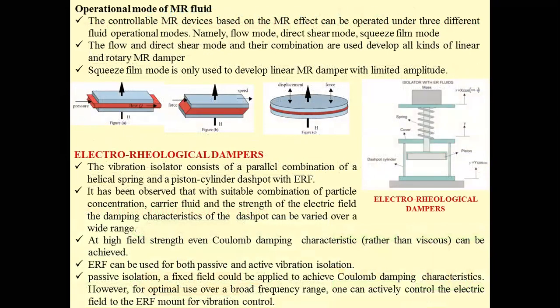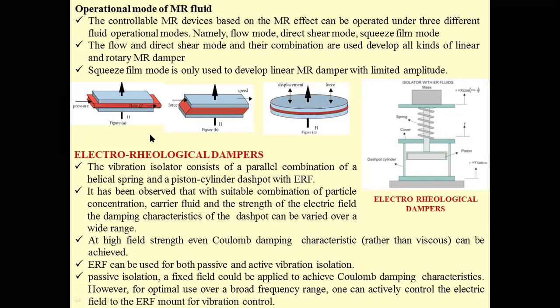Now the second type of fluid damper is called electrorheological dampers. First we are going to see what is electrorheological fluid. The electrorheological fluids are smart fluids which change their viscosity by application of electric field.